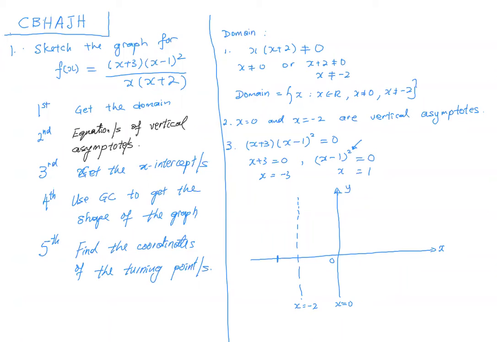Yes. -3 and 1. So now I know that my graph will break into 3 pieces. Am I right? One piece here, one piece here, one piece here. Am I right? Yes. And the graph had to pass through these 2 points.